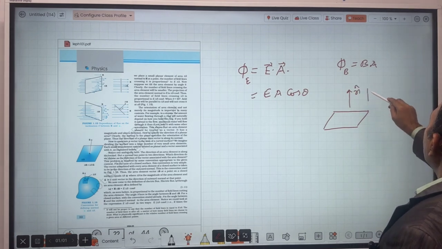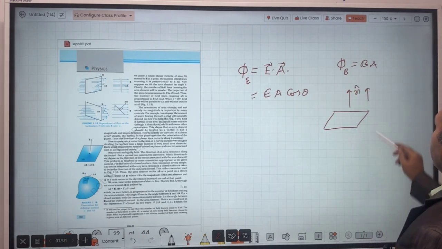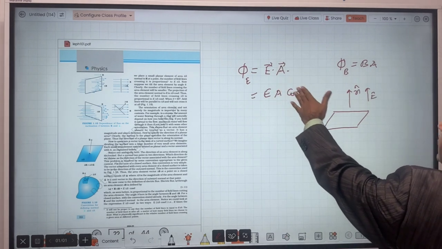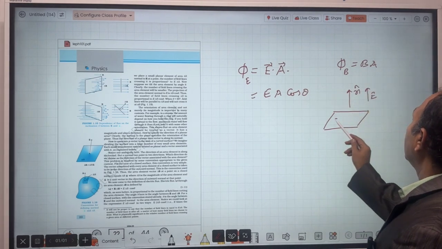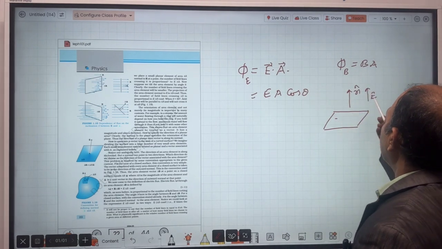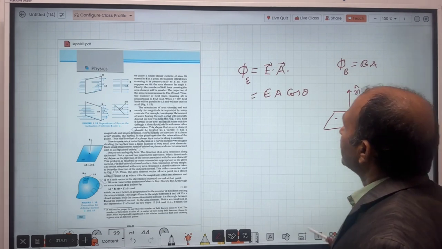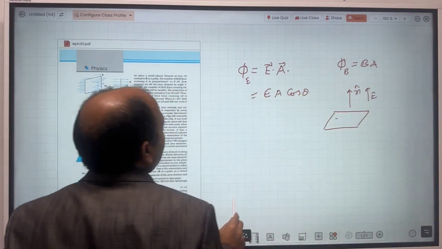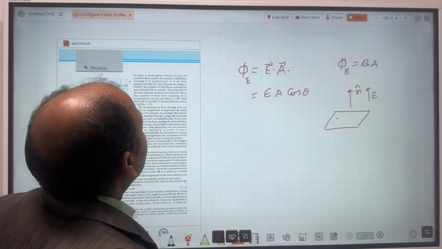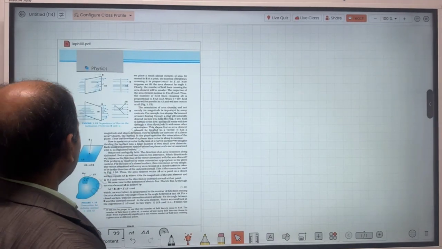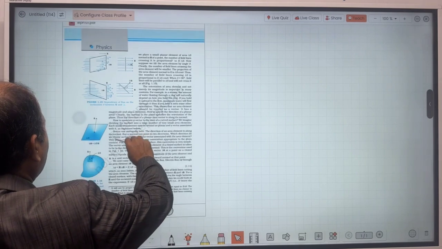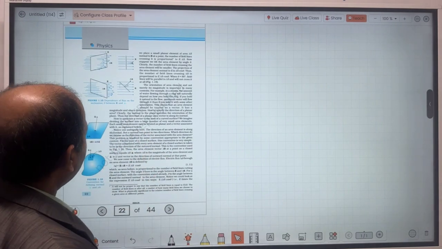If the electric field is also in this direction, then theta will be 0 degree. So here the angle between the area vector and the electric field is denoted, not that of the area. The area is like this, so the electric field is also perpendicular in this case. So we have got the expression for phi, and we are going to make use of Gauss theorem to calculate the value of flux.